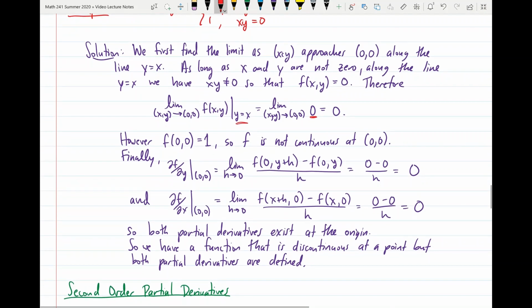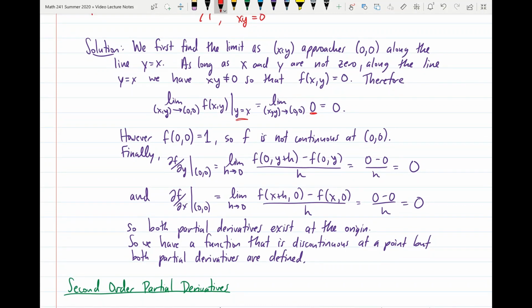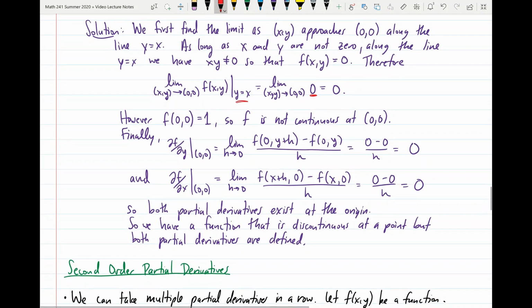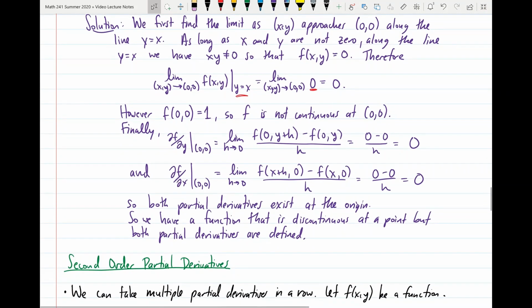And of course, the limit as (x,y) goes to (0,0) of the constant function 0 is going to be equal to 0. So we have that the limit as we're approaching along the line y equals x is equal to 0.